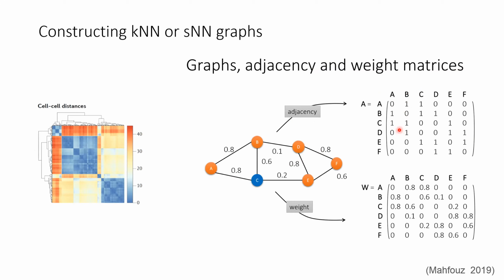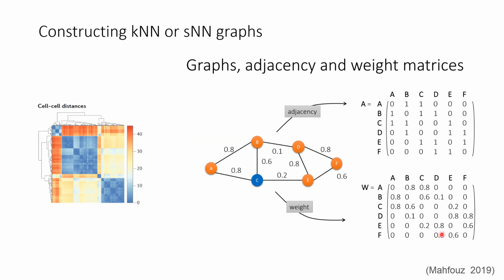So in this example, we consider the 3 nearest neighbors. So the number of k is 3, and we ask which are the closest neighbors to node B. And by measuring the distance, we find that nodes A, C, and D are the closest nodes. So as you can see, these nodes receive a 1 in the adjacency graph, while nodes B, E, and F receive a 0 because they're not the 3 closest neighbors.